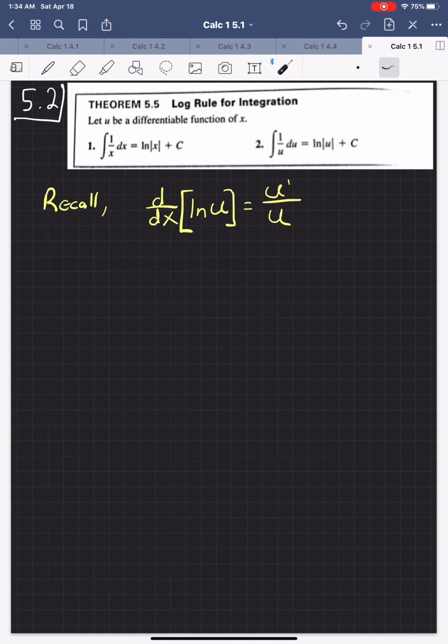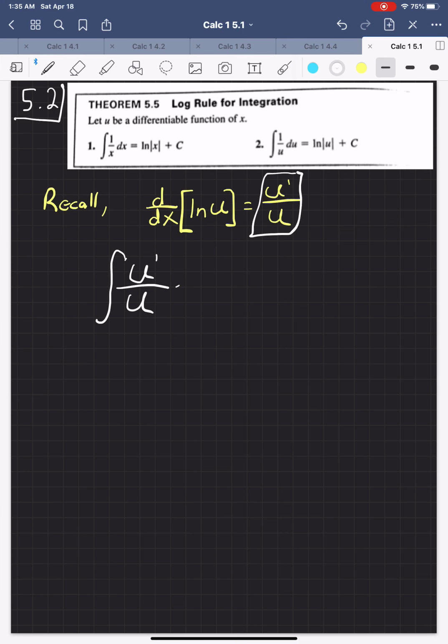Now, if we want to start thinking about the integration of u prime over u, of course u and u prime are in terms of x, because you always substitute back in.